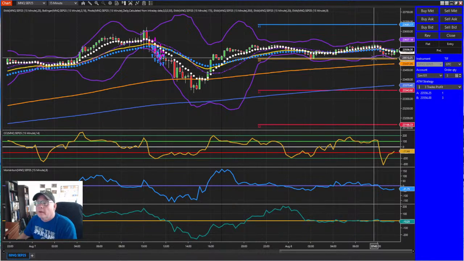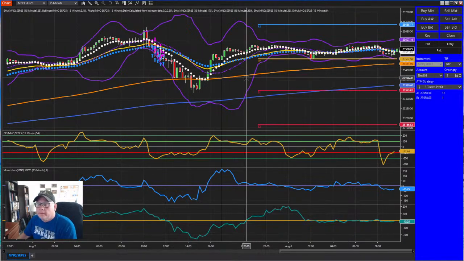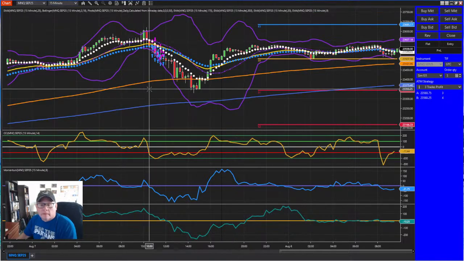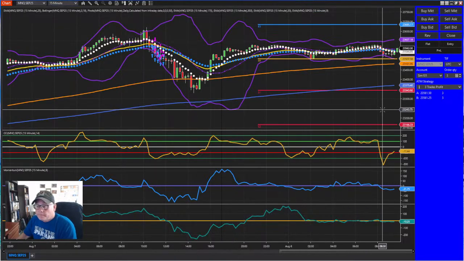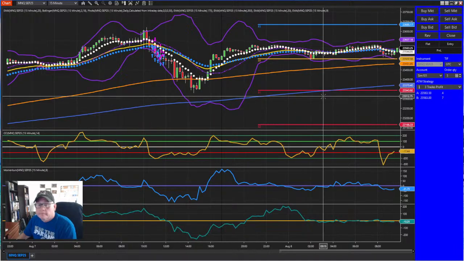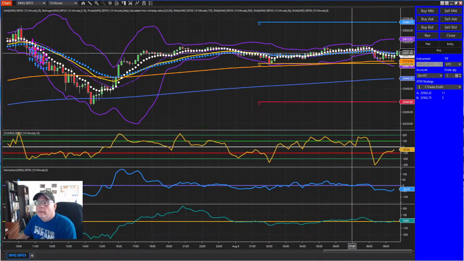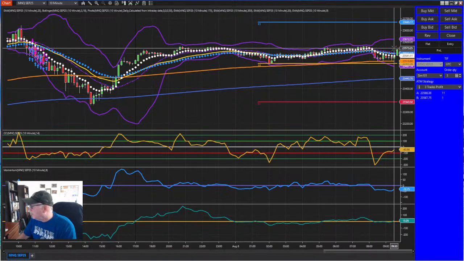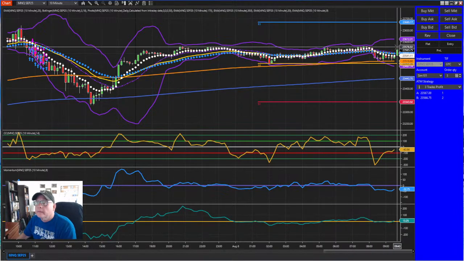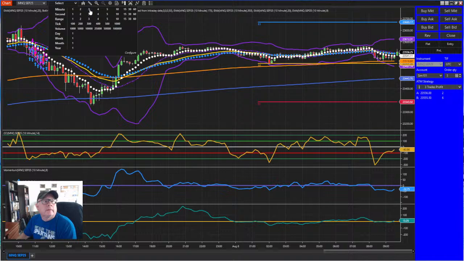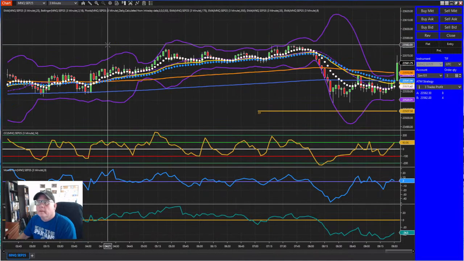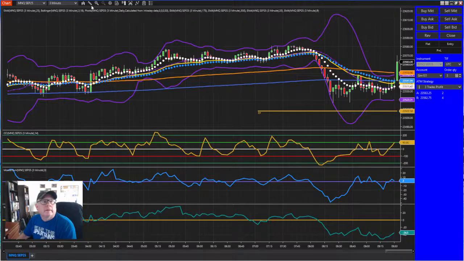15 minute crossing over a little bit. Crossing over as well, market moving up into the open. And then looking at 3 minute, let's go back to 60 range bars.